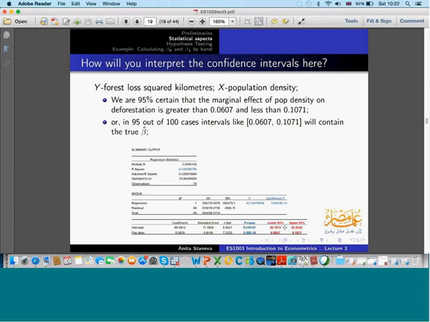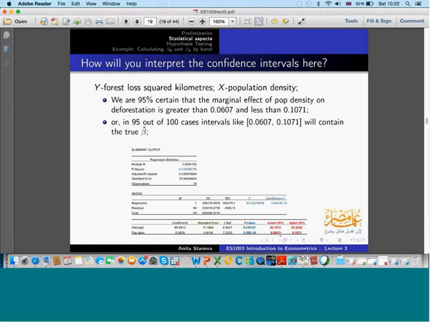So we are 95% certain that the marginal effect of population density on deforestation is greater than 0.0607 and less than 0.1071. Or in 95 out of 100 cases, intervals like this will contain the true beta. So our beta is something between this interval given in red, for the population density.